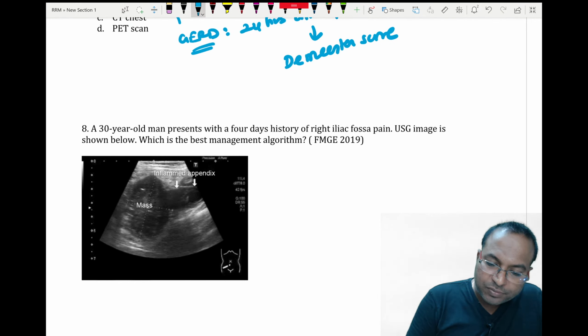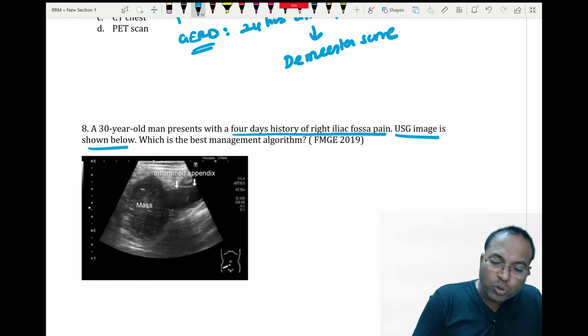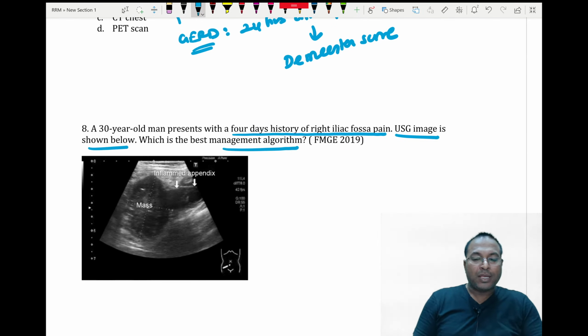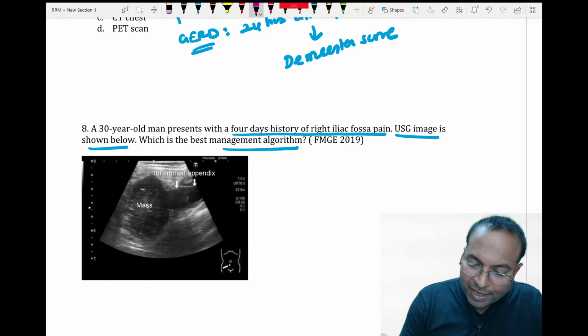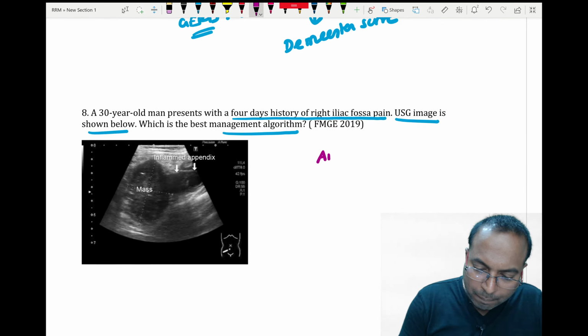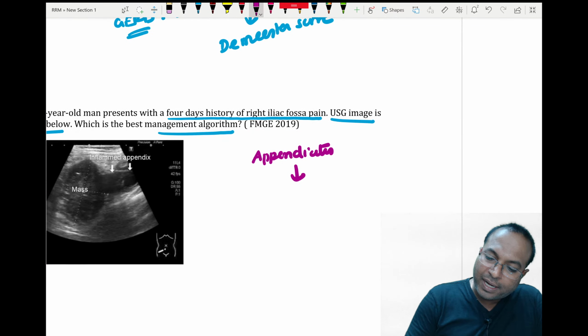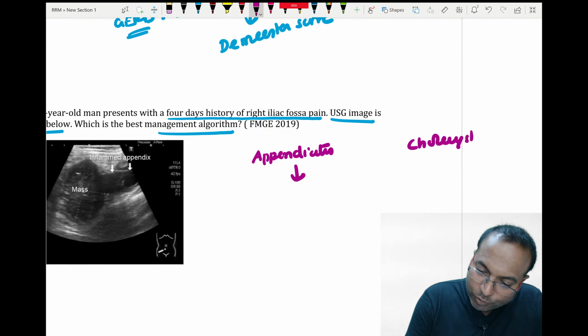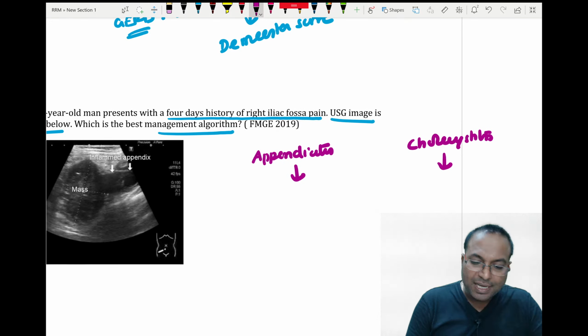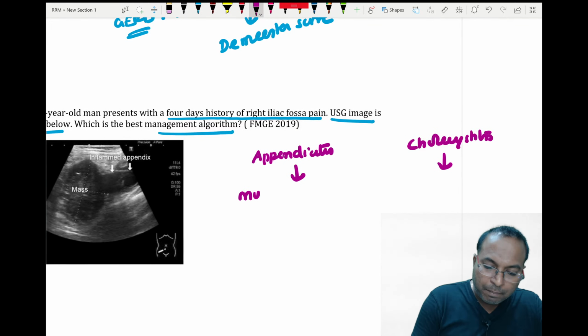A 30-year-old man presents with 4 days history of right iliac fossa pain. Ultrasound image is shown below. What is the best management? Some of you asked about ultrasound appendicitis before. Please remember, appendicitis and cholecystitis, you should not have a confusion in diagnosing them. Cholecystitis has a triad known as Murphy's triad.